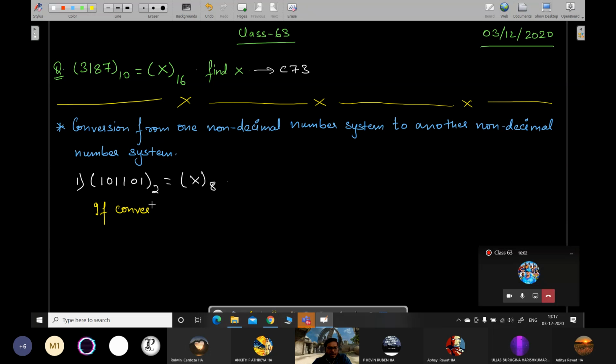Okay. If converting from binary to octal, make groups of three in the binary number.